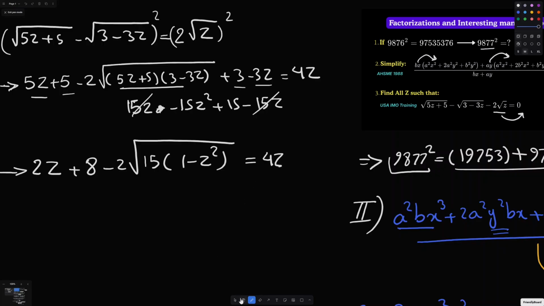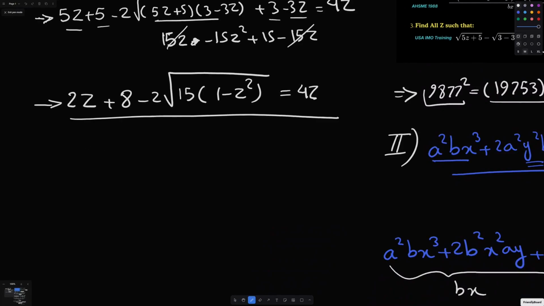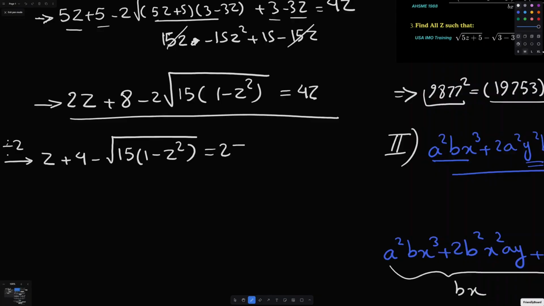Okay, so this is now what I have. Now, how do we continue this? Just make everything simpler for yourself. You can see that everything is divisible by 2 right now, so let's make it more simple and divide everything by 2. So it's going to be z plus 4 minus square root of 15 times 1 minus z2 equals 2z.